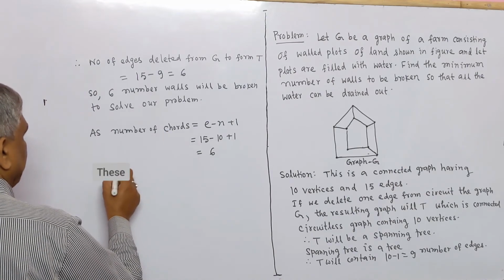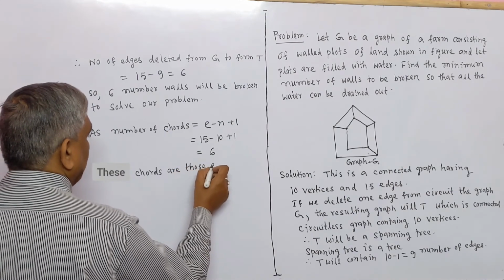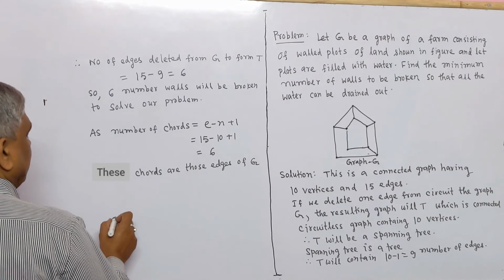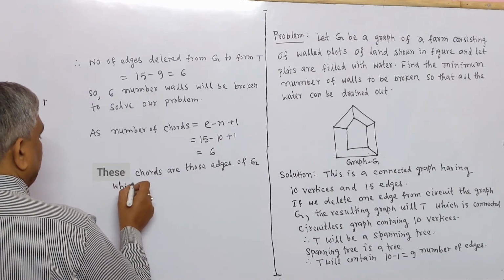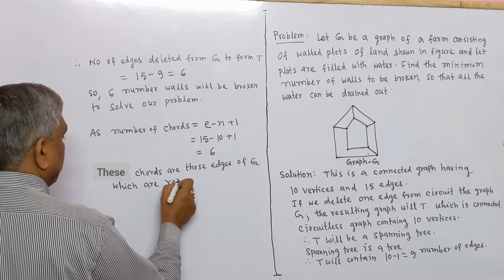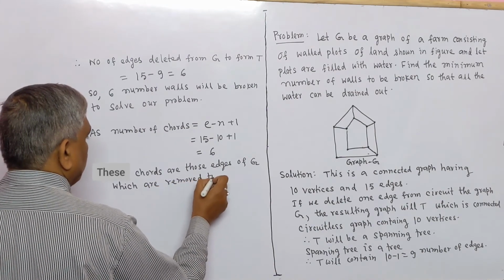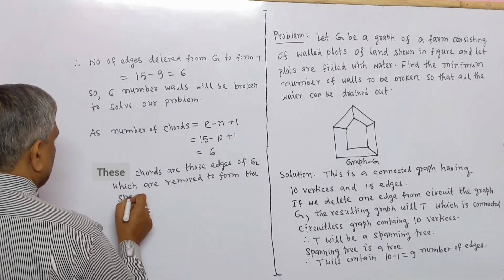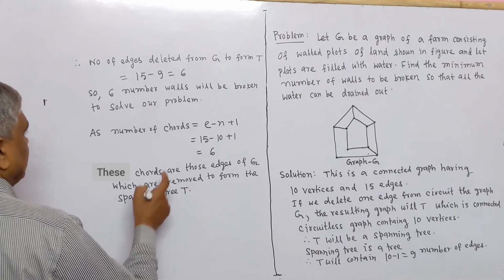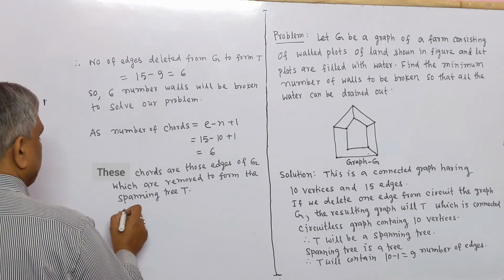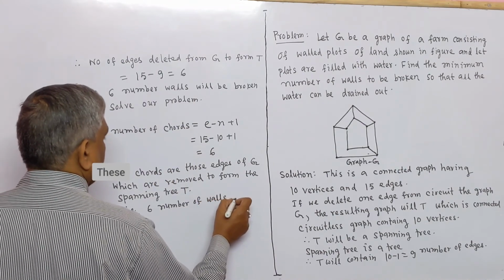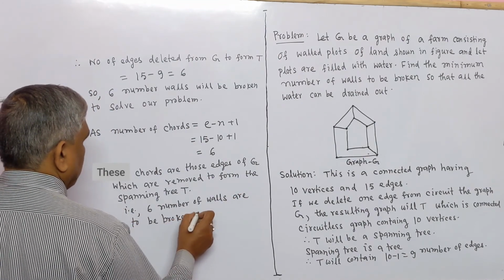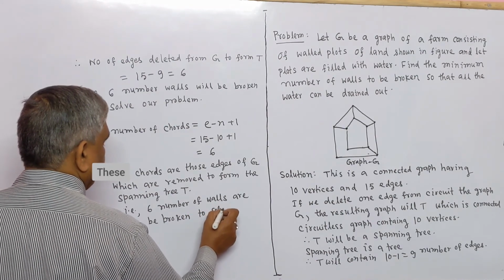These chords are those edges of graph G which are removed to form the spanning tree T. That is, 6 walls are to be broken to solve our problem.